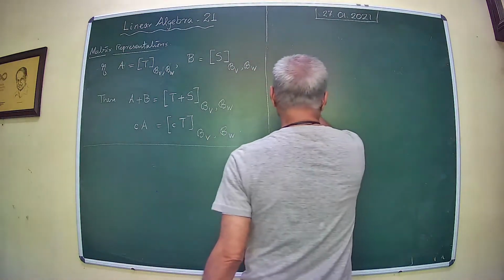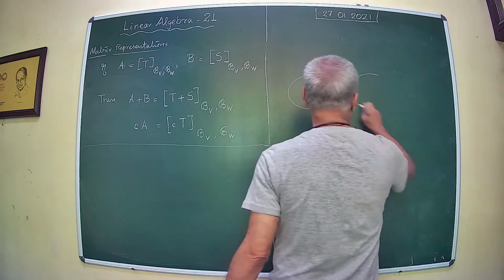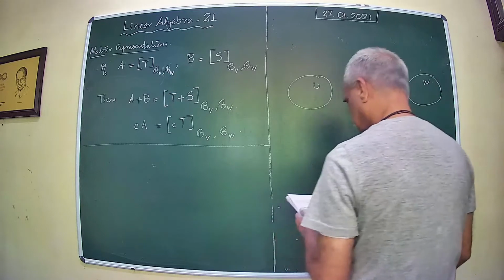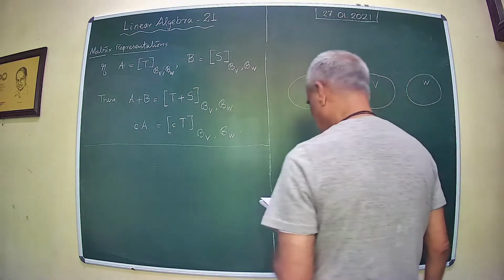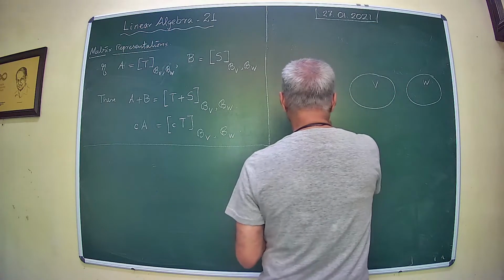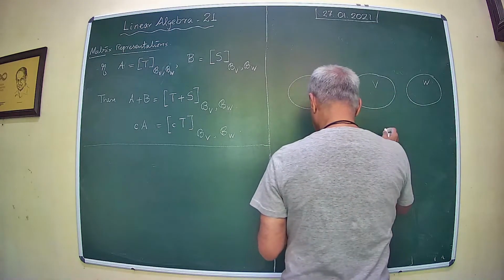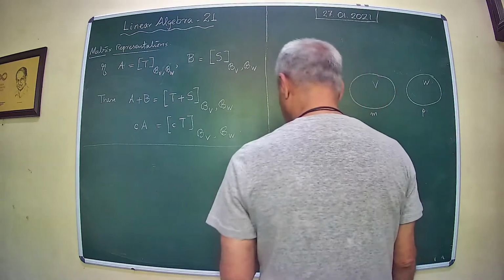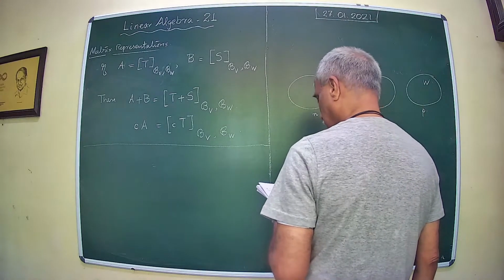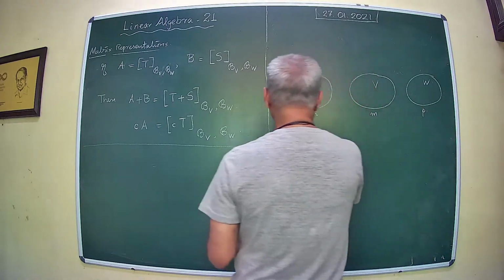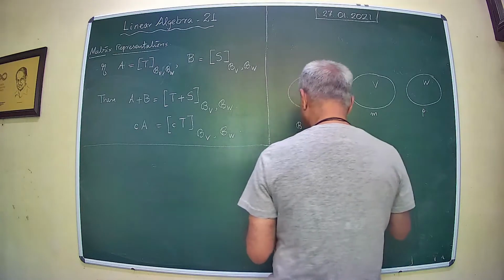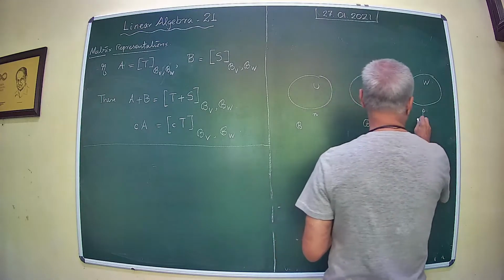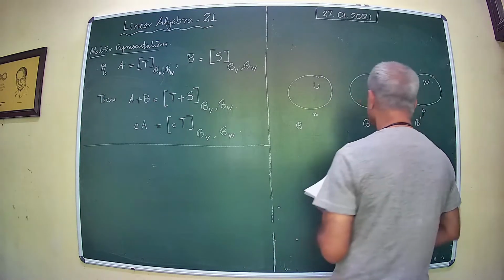So you have U, V, W. Now the dimension of this is taken as n, this as m, this is a dimension p. So we have a basis B here, there is a basis B prime here, there is a basis B W prime.